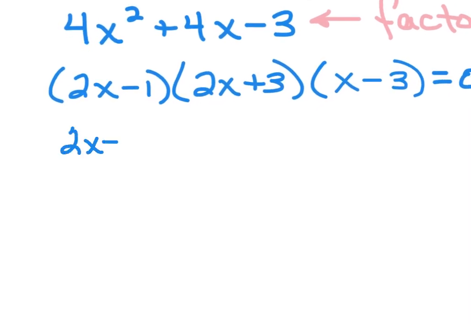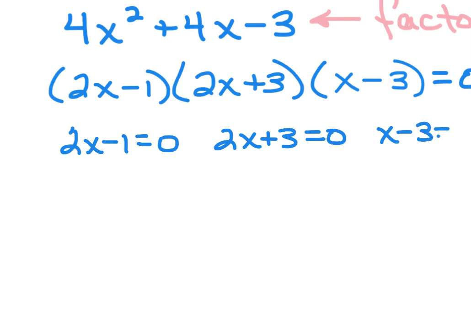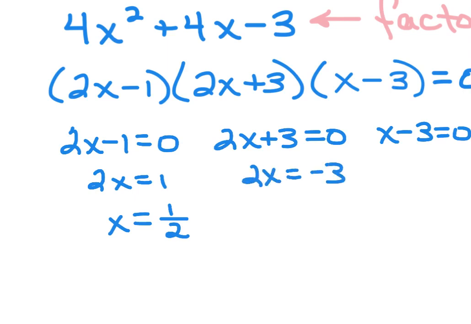So 2x minus 1 equals 0. 2x plus 3 equals 0. And x minus 3 equals 0. Solve each of these for x. 2x equals 1, so x equals 1/2. 2x equals -3, and so x equals -3/2.